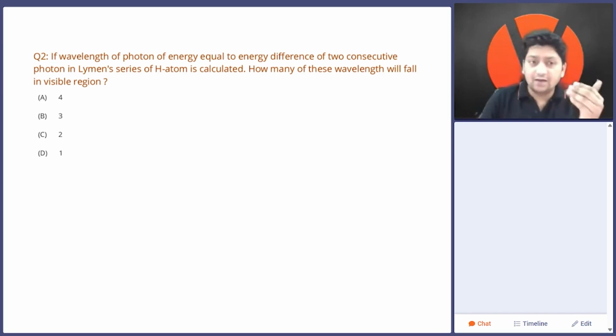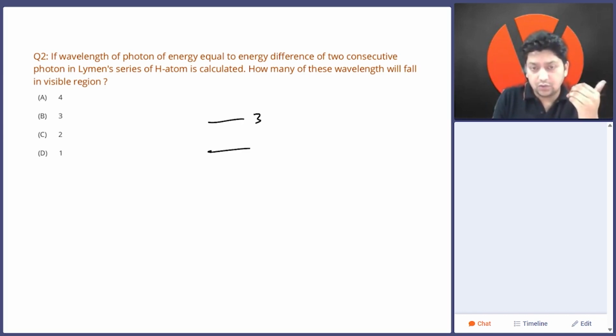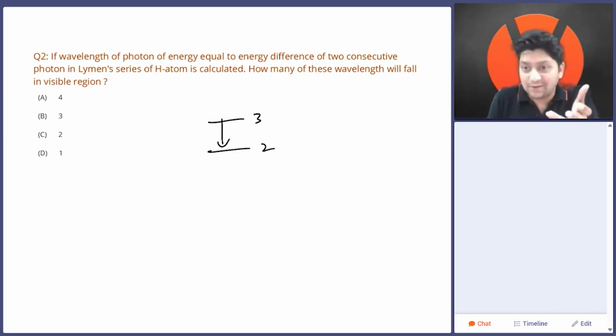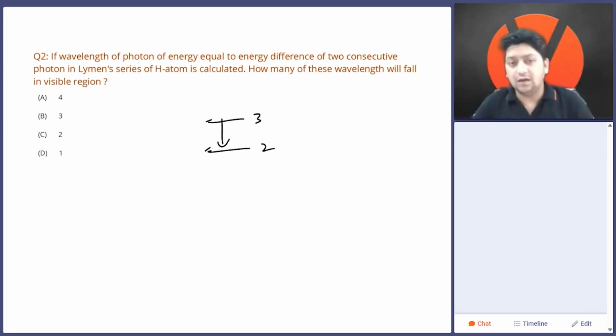So we can say that from the third orbit to the second, this will be nothing but Balmer series. Okay, but from third to second, the transition, the energy difference will be lying in the visible region, right? Because we know that in Balmer series, visible region appears. Okay, visible light appears.